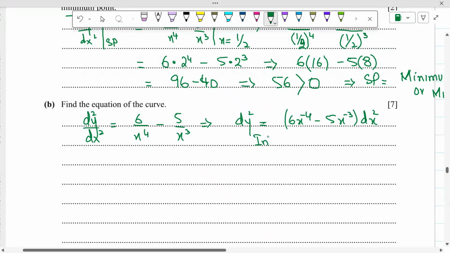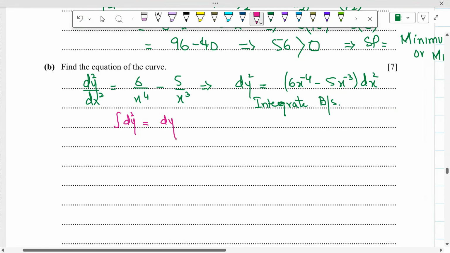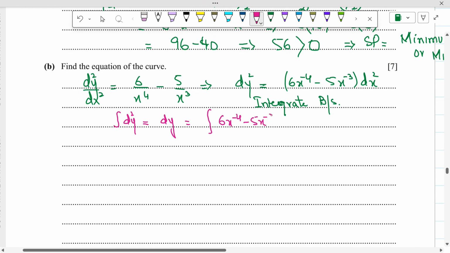Integrate both sides. So we will have the integration of d squared y, which is equal to dy, equal to the integration of 6x to the power of negative 4 minus 5x to the power of negative 3 with respect to dx.